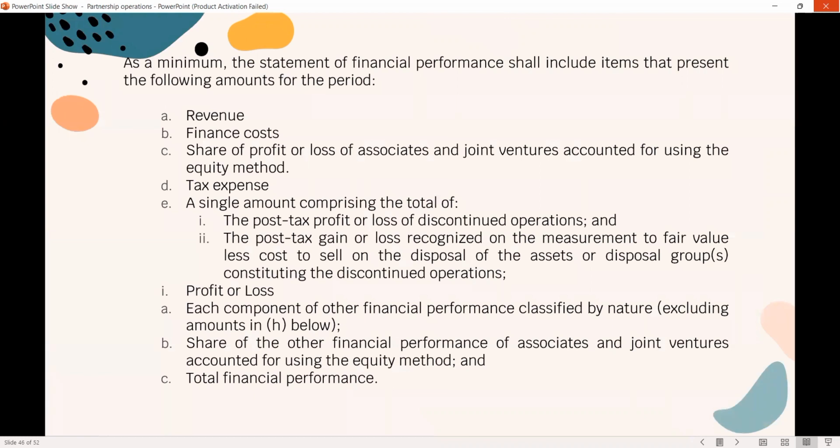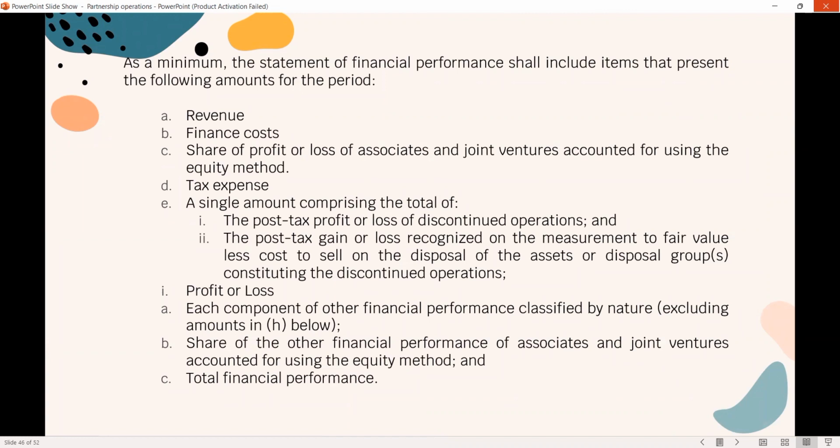Okay. As a minimum, the statement of financial performance shall include items that present the following amounts for the period. First is the revenue. Dito, financial performance. Second is the finance cost or minsan tinatawag nilang interest. Next is the share of profit or loss of associates and joint ventures accounted for using the equity method.